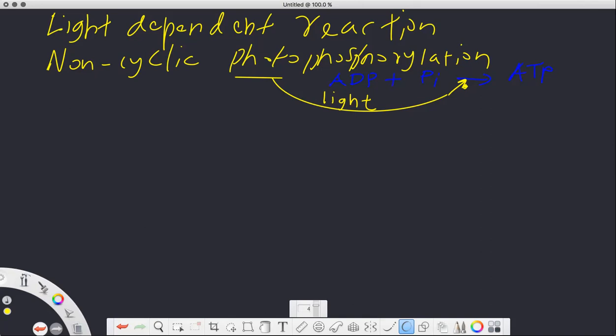Okay, so I need the space on the screen. So I'm going to delete this title. It's on the note section, light dependent reaction, non-cyclic photophosphorylation. Okay, we try to understand this process.